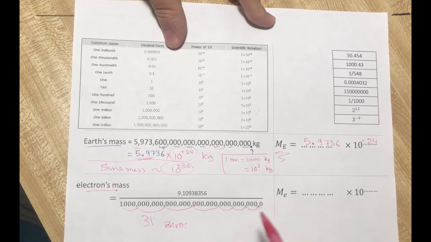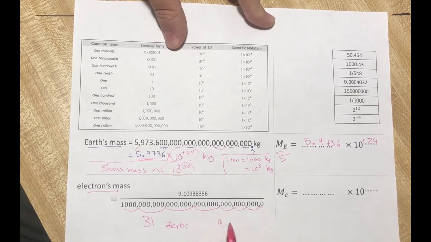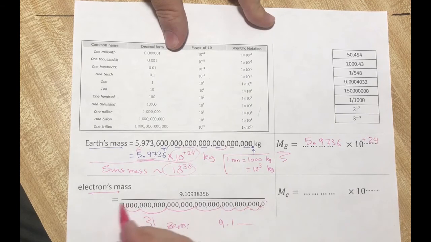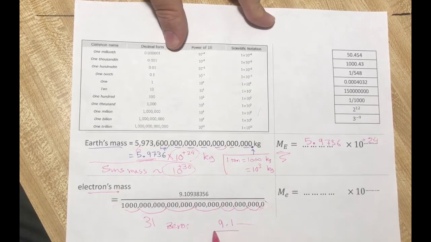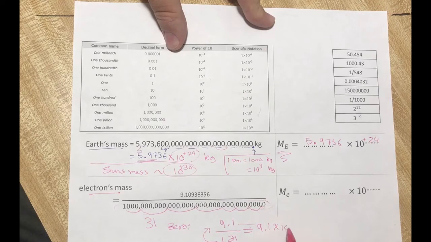But when we're in the denominator, that means I have 9.1. I can approximate everything. The most important thing is the magnitude, divided by 10 to 31. This is 10 to 31 because I have 31 zeros. This is equal also to 9.1, and I can put this in the denominator, which is equal to 10 to minus 31 kilograms.